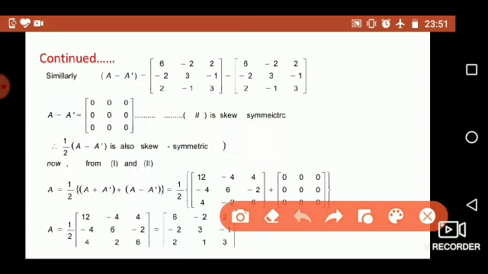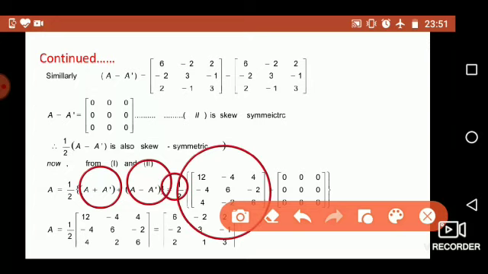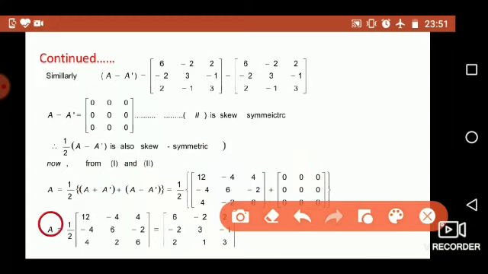Now the last part of the problem, we have to show that from equation number 1 and 2, any matrix A can be expressed as the sum of symmetric and skew symmetric matrix. Therefore, 1 by 2 times a symmetric matrix plus skew symmetric matrix. We have A equal to 1 by 2 times the first row elements in the first matrix 12, minus 4, 4, minus 4, 6, minus 2, 4 and 2, 6.